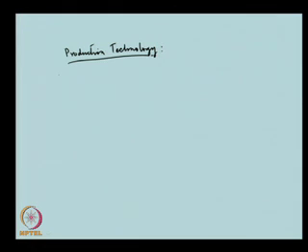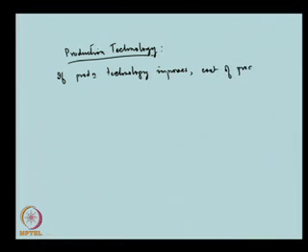Now, if production technology improves, then simplistically, very simplistically, we can say that the cost of production, which is small c, is going to decline.